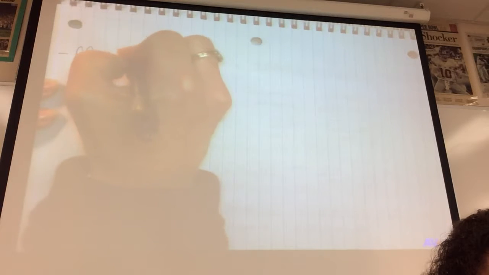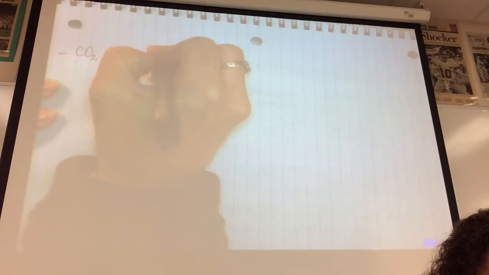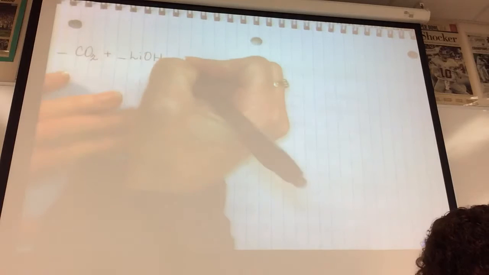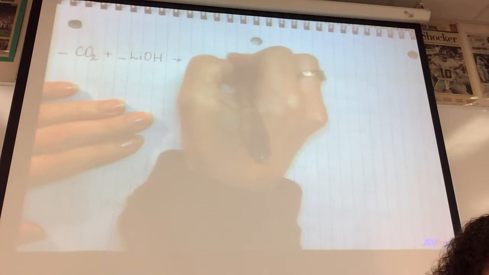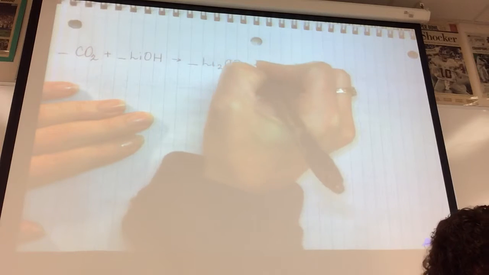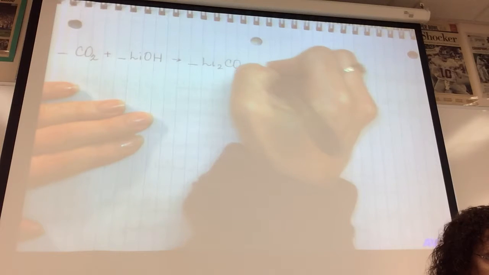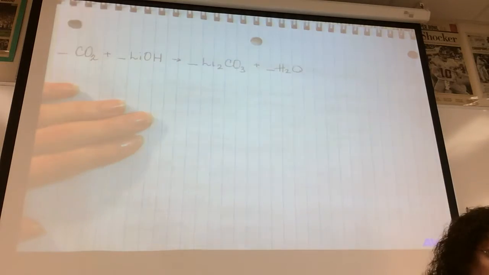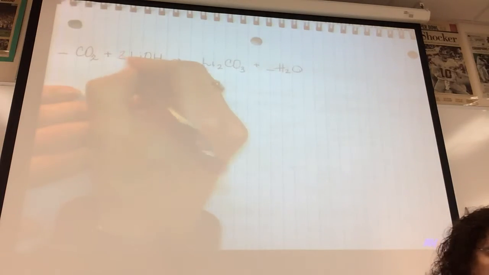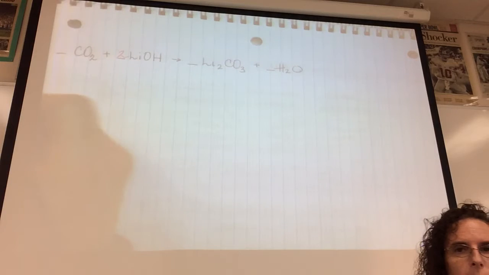We have carbon dioxide reacting with lithium hydroxide to generate lithium carbonate and water. And then we will balance that equation off, and we're ready to use it.